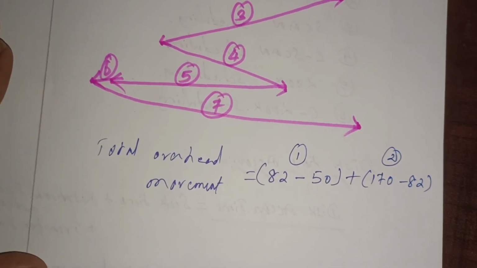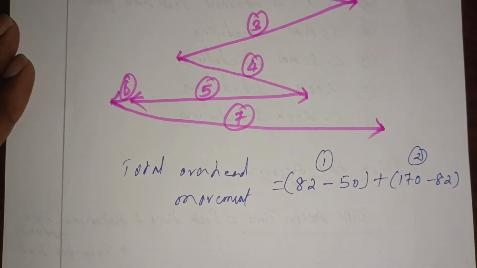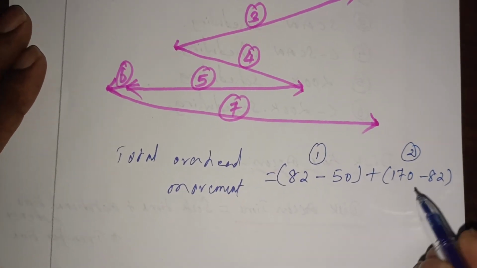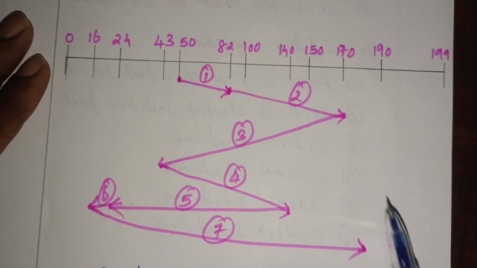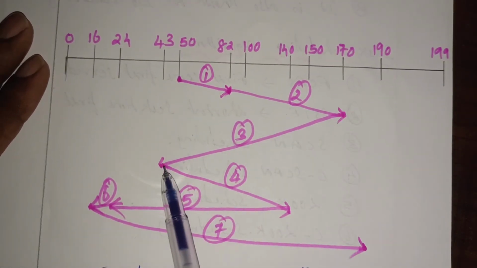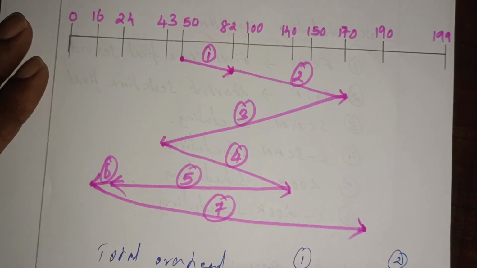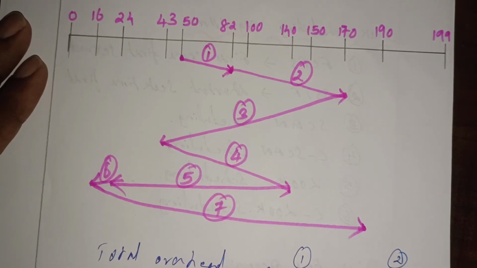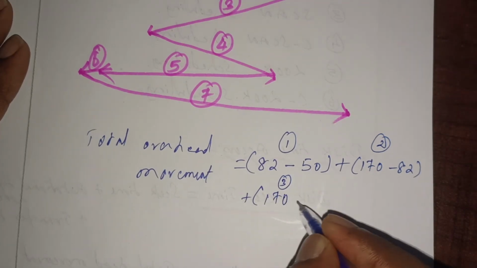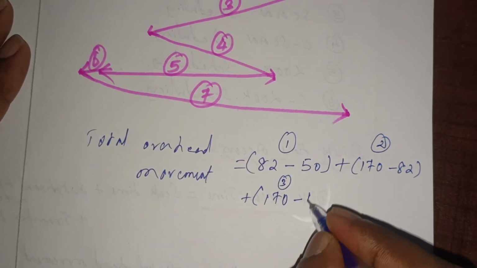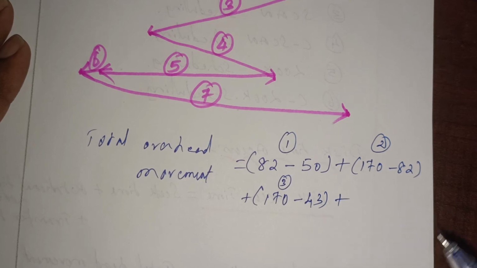If it is with the higher number, let's check how the operating system is actually dealing with it. Okay, so we'll go for the third head movement. The third head movement is from 170 to 43. So this is plus, this is the third one, 170 minus 43, plus.